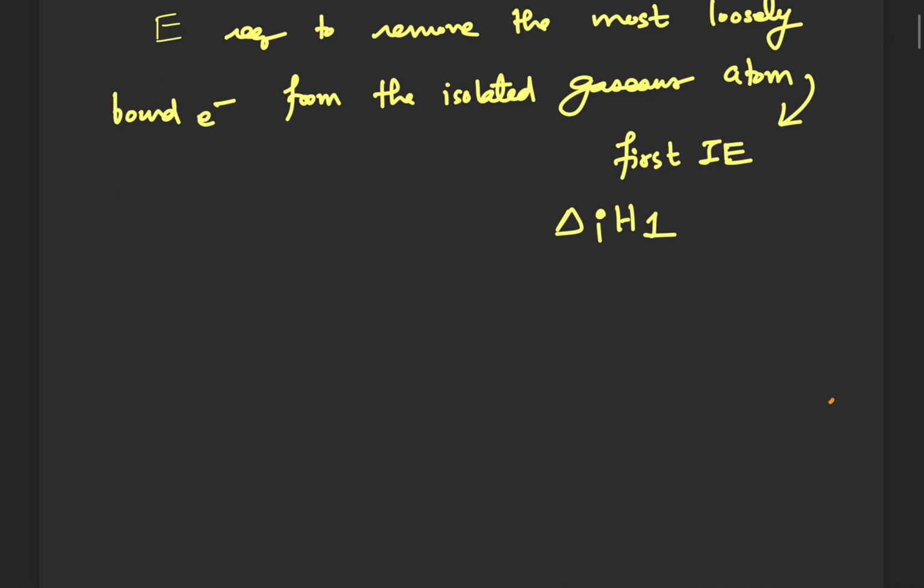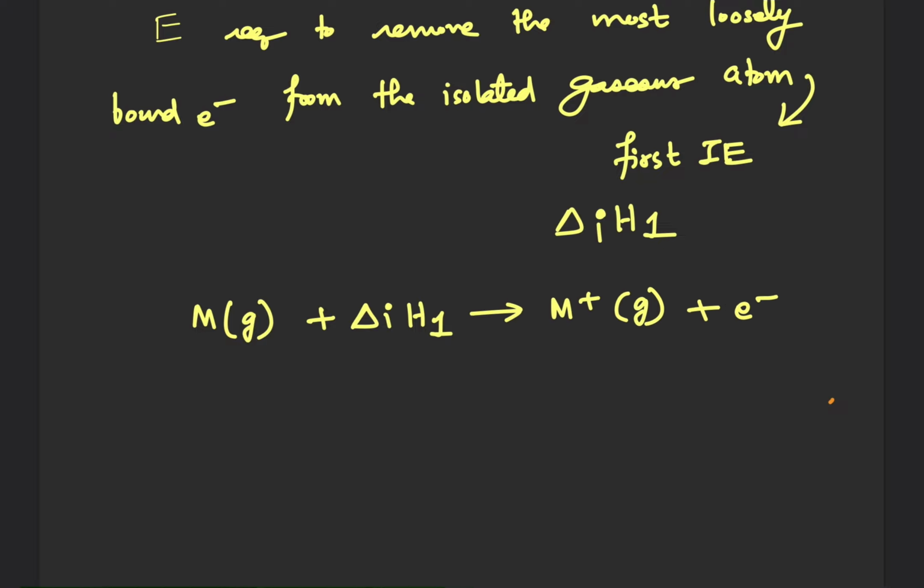Okay, with respect to reaction, I can write M(g) + ΔiH1 giving me M+(g) plus an electron out. Okay, so this is the ionization enthalpy or ionization energy required to remove an electron out from an isolated gaseous atom to give us the M+ cation.